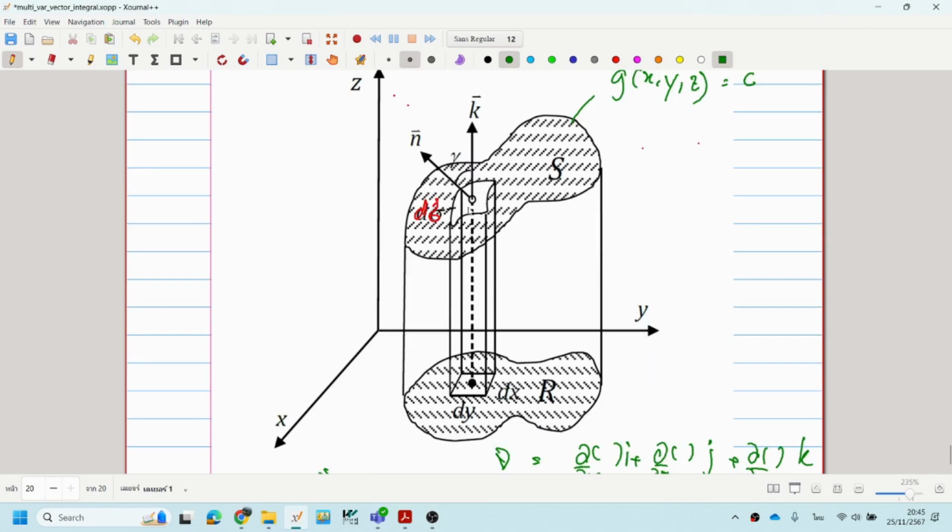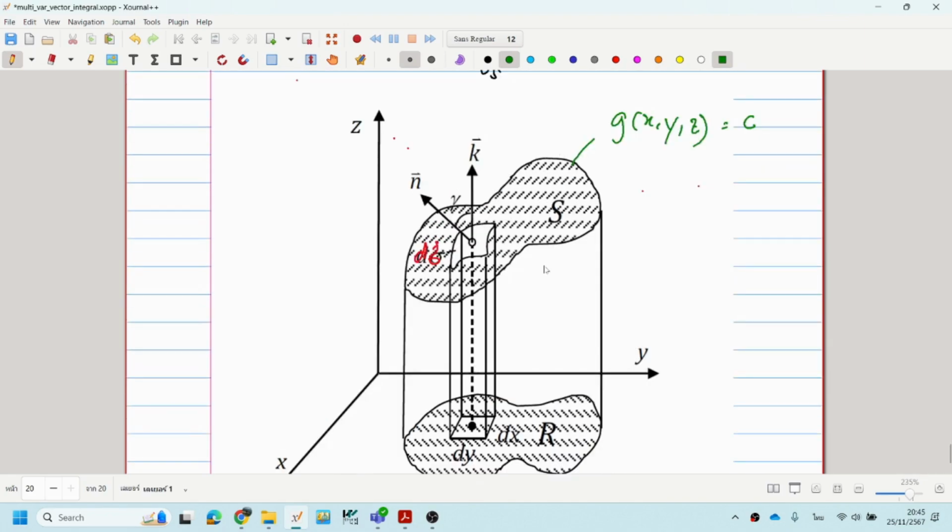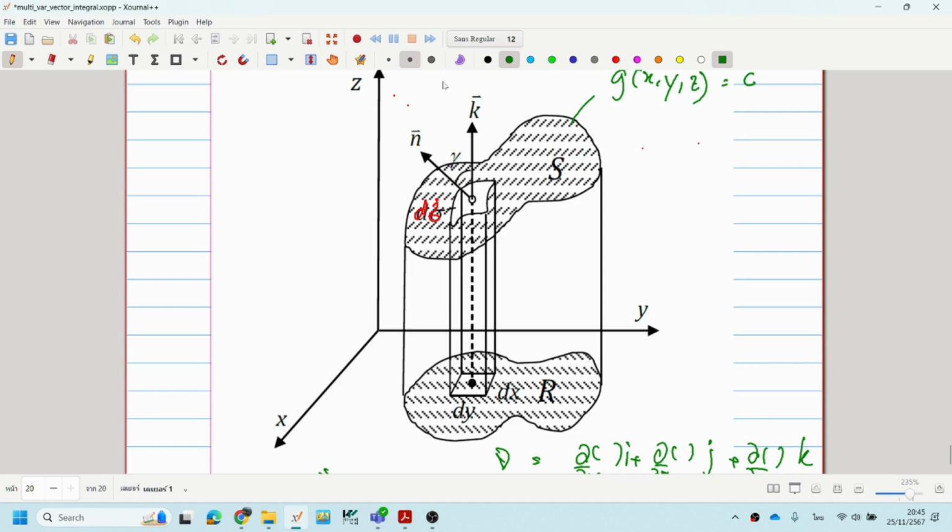I suggest this technique. Take a look at my picture. There is the space.